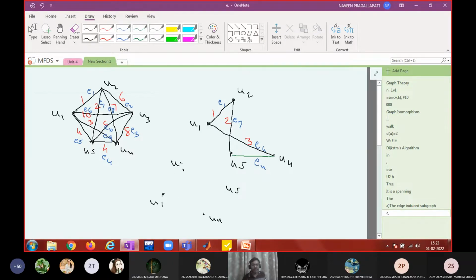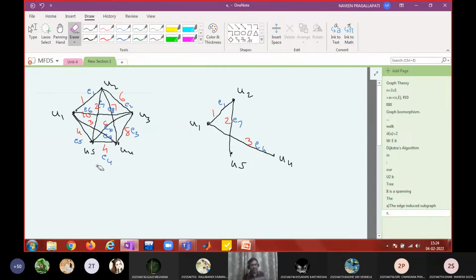U1 is connected to U2, U2 is connected to U5, U5 is connected to U4, U4 is connected to U1. Can you see the cycle now? Yes, sir. Therefore, you cannot select edge E4. You cannot select edge E5 also.